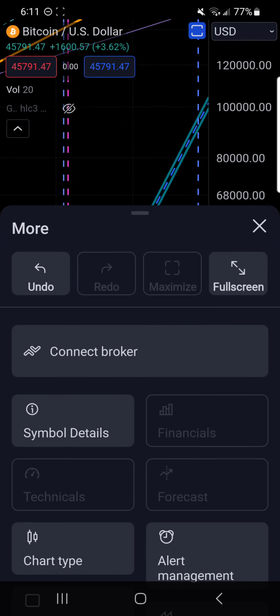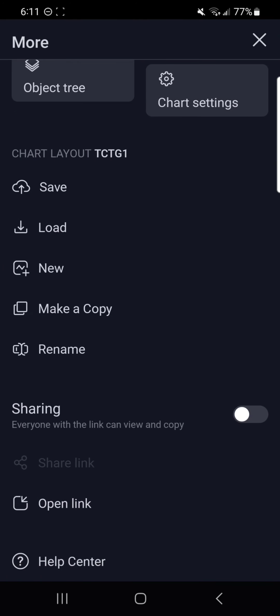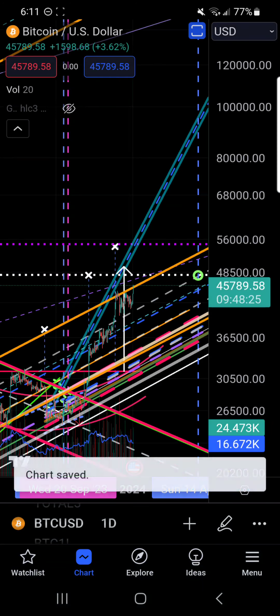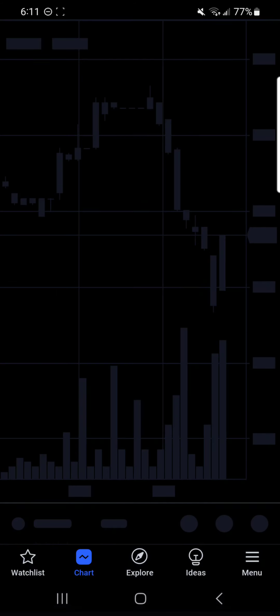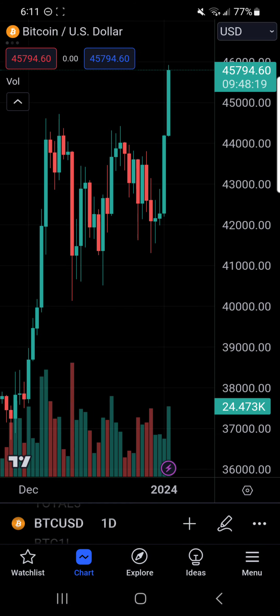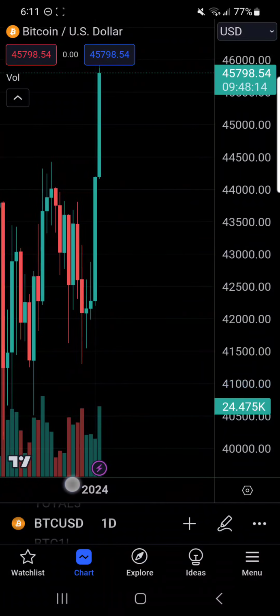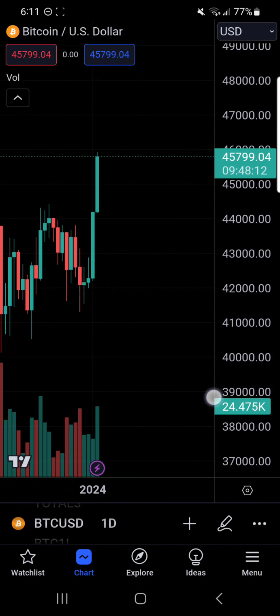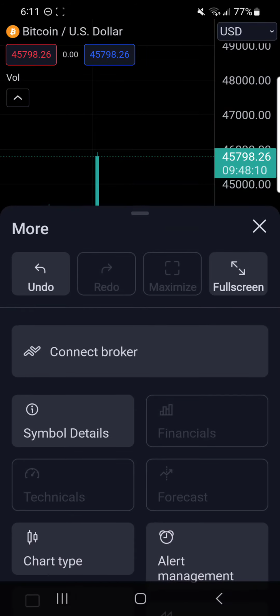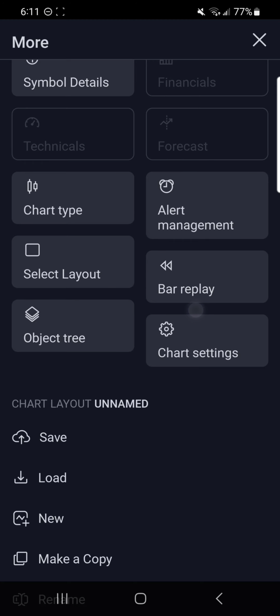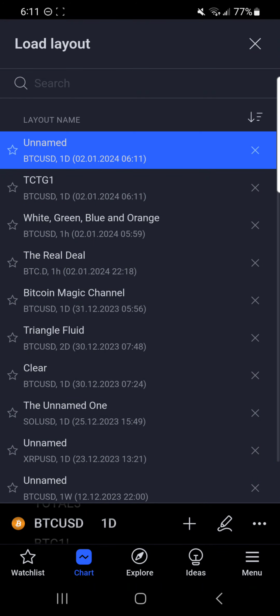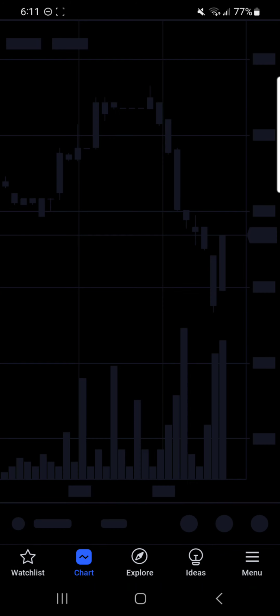So now we got to switch to our, guess I'll save that. I don't know if I really made any changes. I don't know what I just did. Let's see what chart we're on. Oh, we are on the wrong one. Let's go to... There we go.